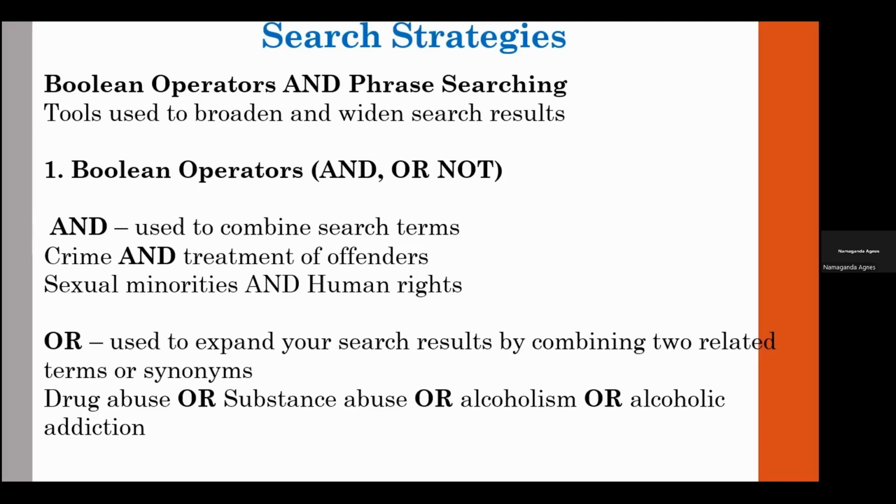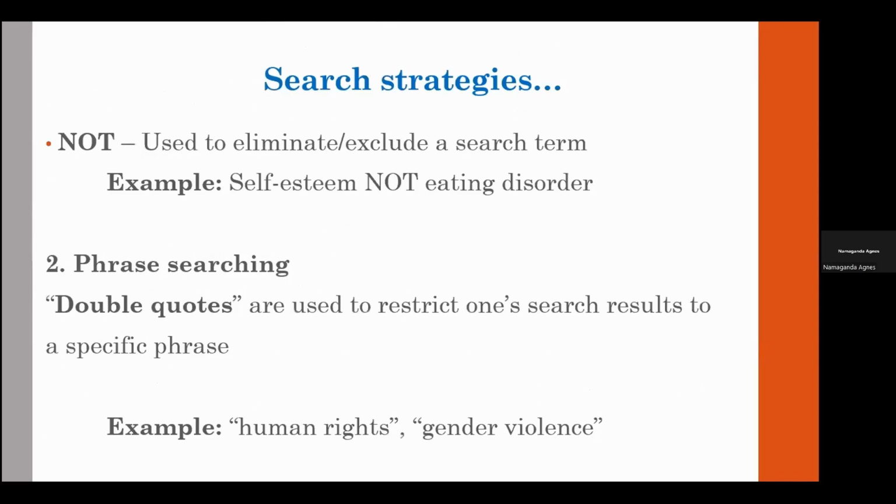And of course, not is used to eliminate a search term. For example, you can say self-esteem, not eating disorder. I hope you will be able to use these search strategies when you're searching the different library databases.